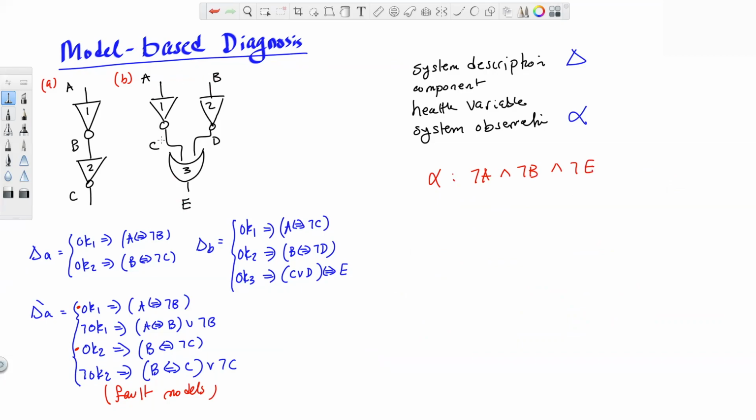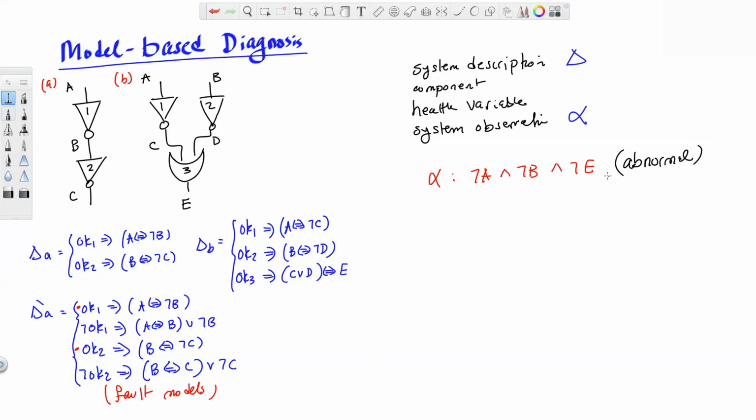If this is a low, this should be high under normal conditions, if every component is working properly. Low gives me high, low gives me high, high and high, it's an OR gate, I should get a high, but I got a low. So this behavior is abnormal. Maybe some of you have done digital logic and played with these things.